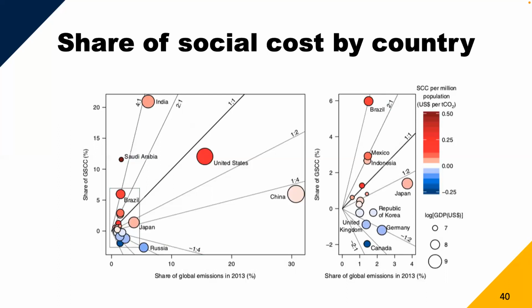So the share of the social cost by country. This is a kind of complicated diagram here, but let me see if I can walk you guys through it. If you go from left to right, that is the share of global emissions. Guys on the left side don't emit that much. Guys on the right side emit a lot more.